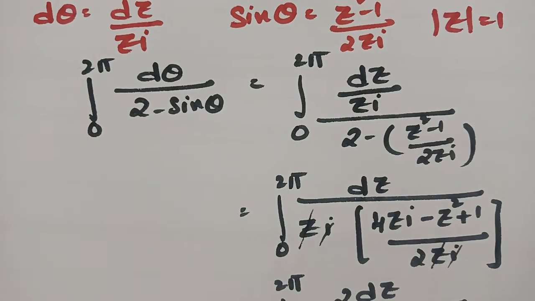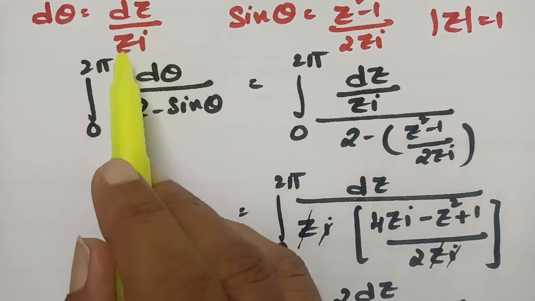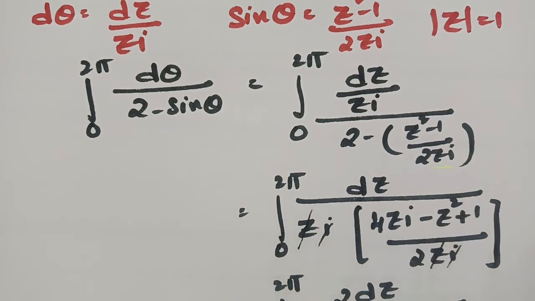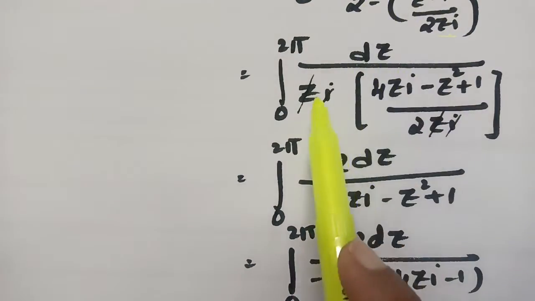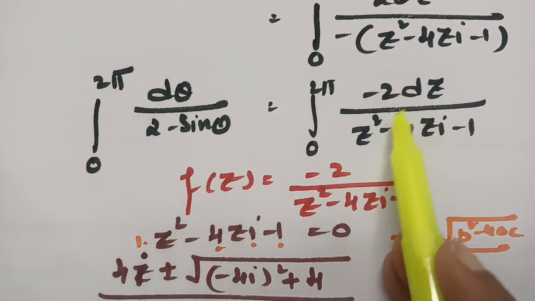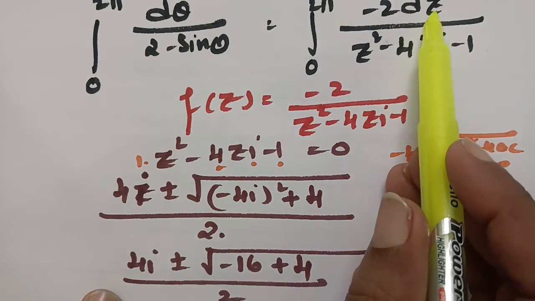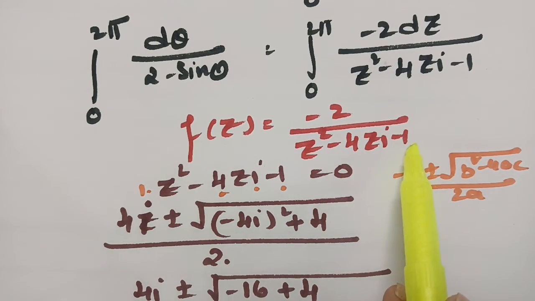So all the three values are ready and this is from the question. So in place of d theta I wrote dz by zi. In place of sin theta I wrote z square minus 1 by 2 zi. So after taking LCM and bringing zi common, this is the case we got, and this is how we got f of z. So integral f of z into dz. So f of z value is nothing but minus 2 by z square minus 4zi minus 1.